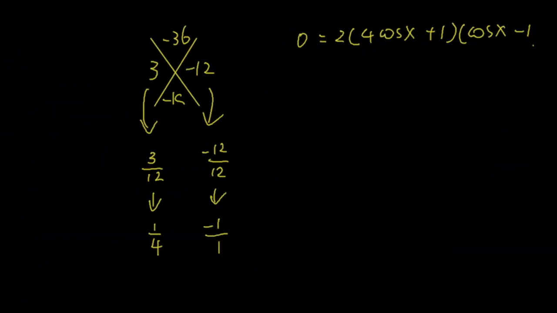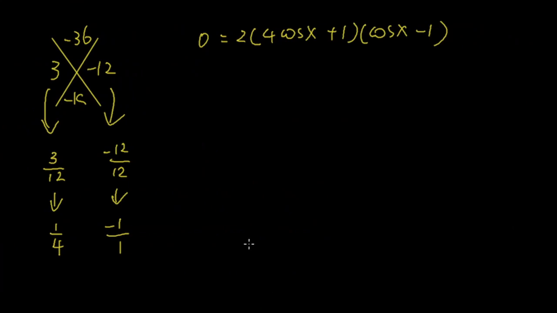So in this case, I just have to keep this 3 over 12 here. Let me rewrite this. That would be 2 times 12 cosine x plus 3 times cosine of x minus 1. In that case, this will give you the original quadratic equation here.